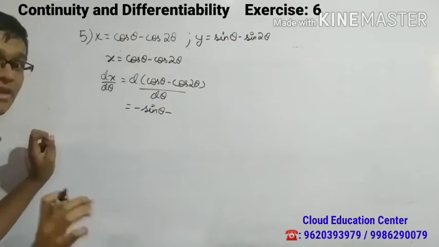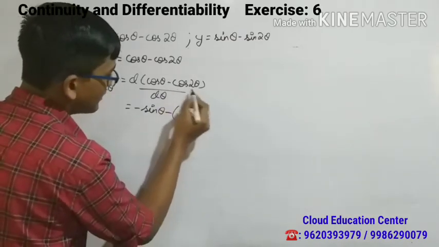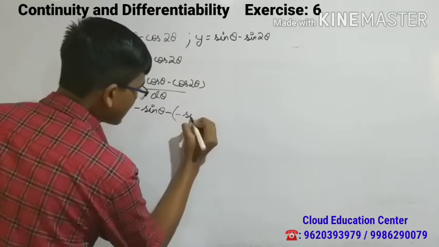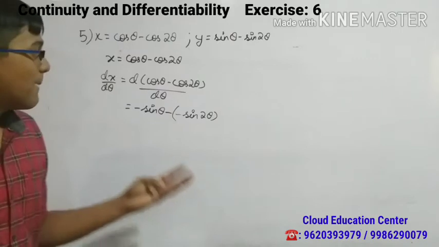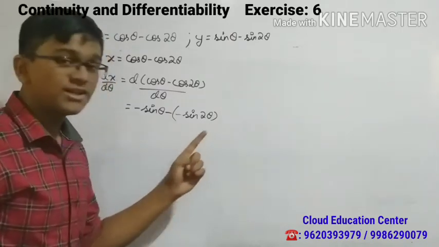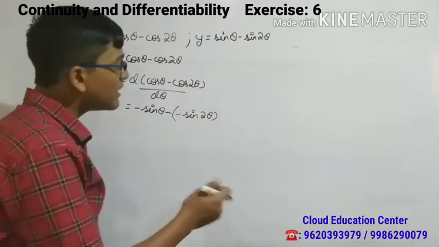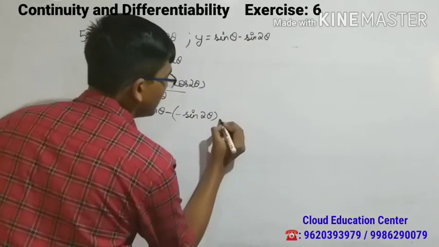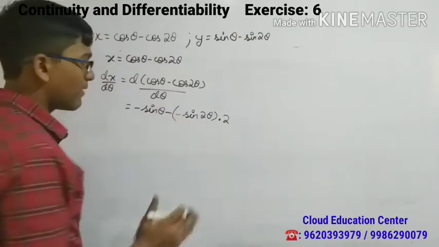So instead of theta we have to write 2 theta. Now let's put in bracket. So differentiation of cos 2 theta is minus sin 2 theta, but we cannot stop here because we still have this function 2 theta. So let's differentiate this function 2 theta. Differentiation of 2 theta is nothing but 2 because the constant remains and theta becomes 1, right?